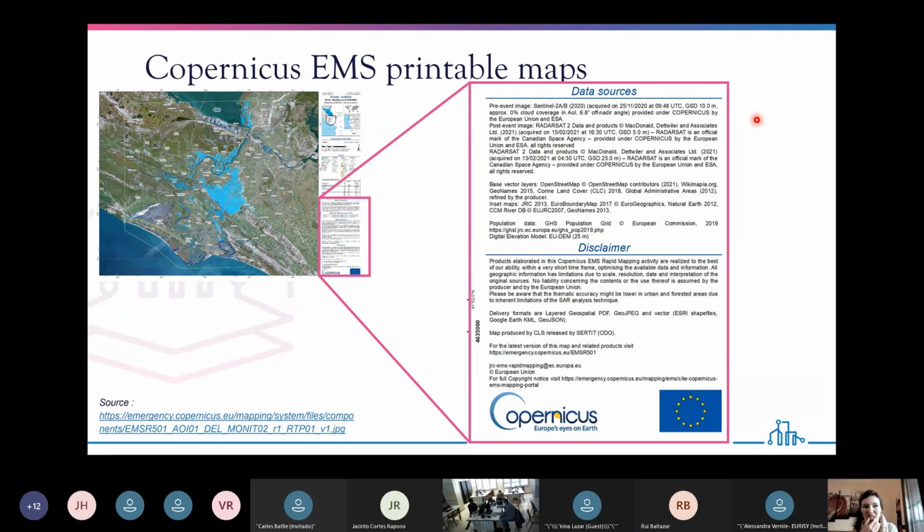I had the opportunity to discuss with civil protection operators more than once over these years, and apart from very rare cases, they said that these maps, despite all these limitations, were very useful during the emergency activities, because they printed these maps, they put them on the table, they were around the table discussing how to manage the emergency.